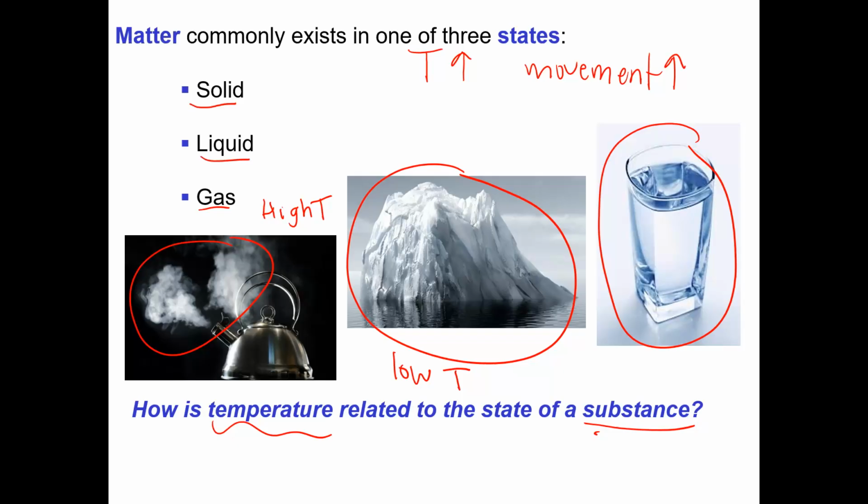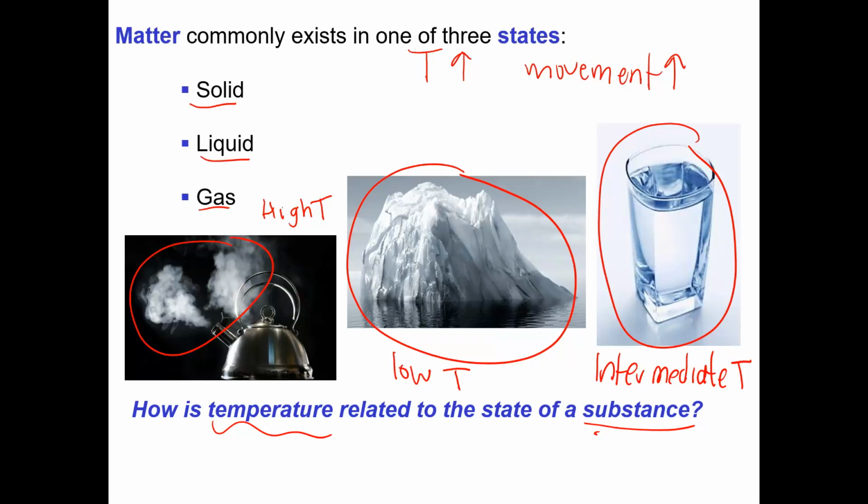Now, what about liquids? Well, let's just think about water. Steam exists at really high temperatures, above 100 degrees Celsius. Ice exists at temperatures below 0 degrees Celsius. Liquid water exists in between those two temperatures. So intermediate temperatures are where we see liquids.